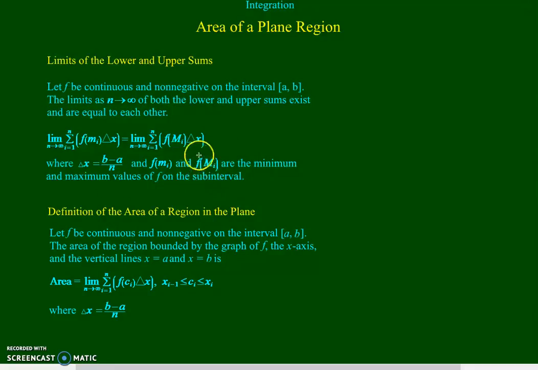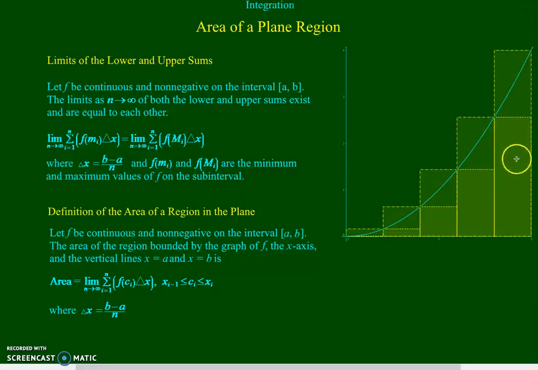If you recall our previous example, the picture showed us that the right endpoint gave us the maximum value and the left endpoint gave us the minimum value in that particular subinterval. So in this subinterval, maximum value, minimum value. So the lower sum is the minimum value, the upper sum, the maximum value. So that's what we're talking about here when we deal with this f of small m and f of big M.